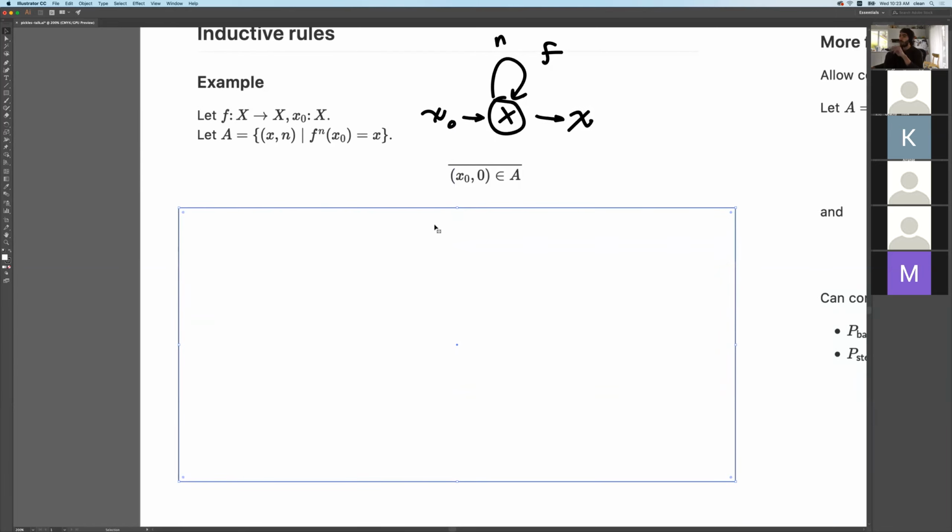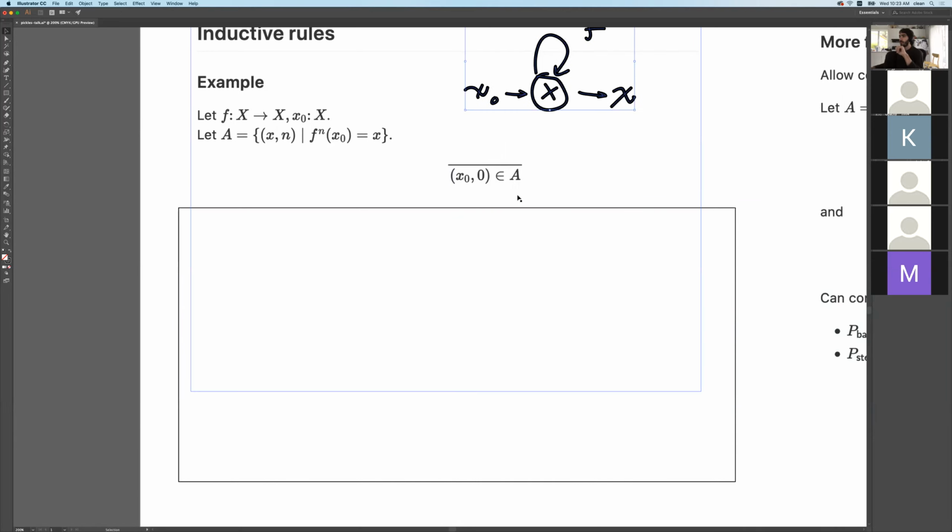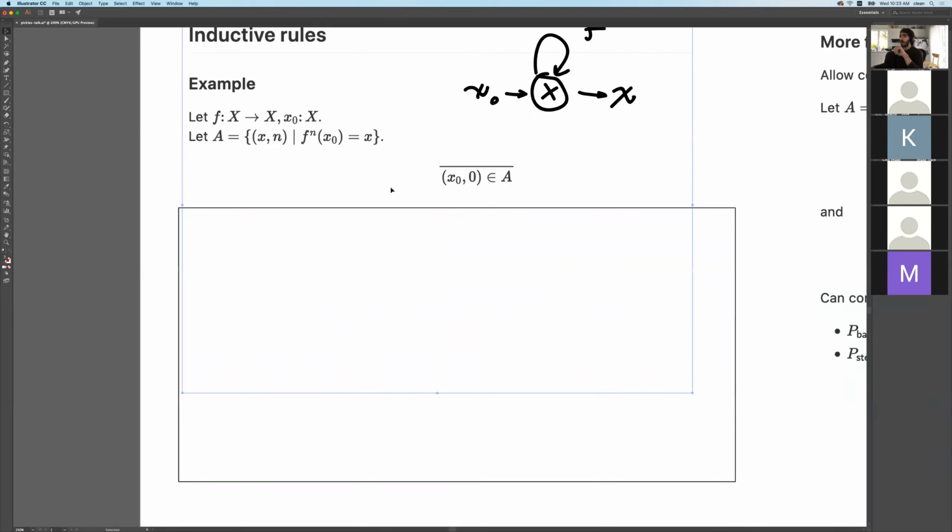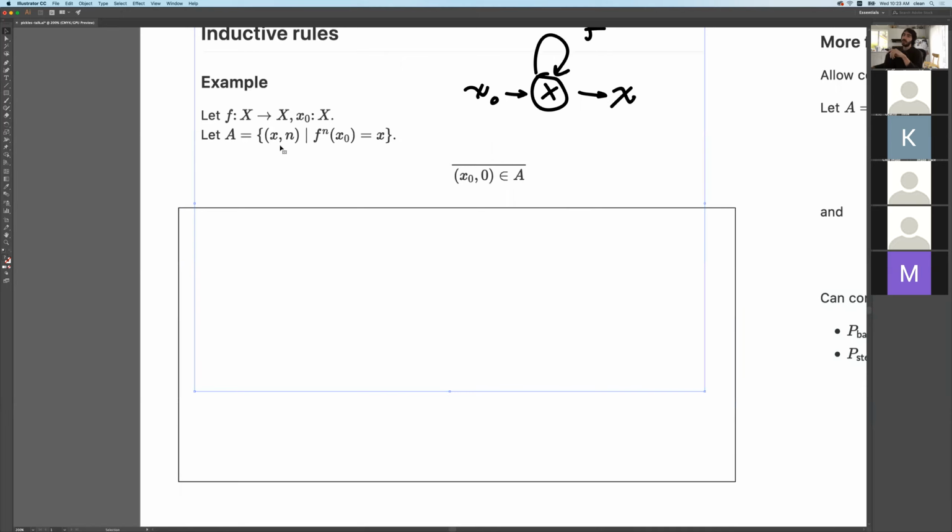What will be useful is the following notation. A, it turns out, is an inductively defined set. What do I mean by inductively defined set? I mean there is a sequence of inductive rules such that A is the smallest set satisfying those inductive rules. Let's see what the rules are.